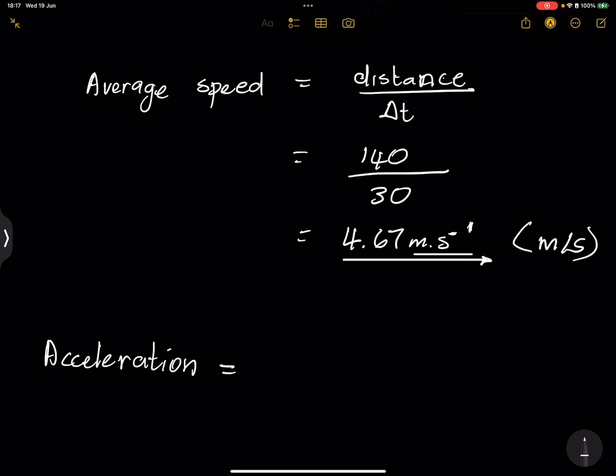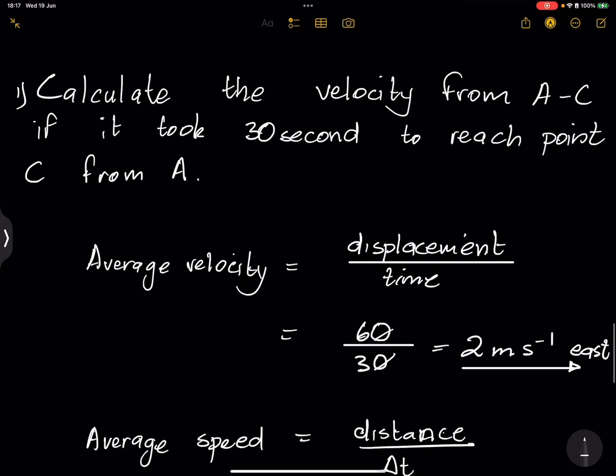Okay, so acceleration, in fact, I didn't even give you the formal definition for average speed or velocity. So velocity is the rate of change in displacement, or you can say it is the rate of change in position, right? Or sometimes they say it is the change in displacement over the change in time, right?